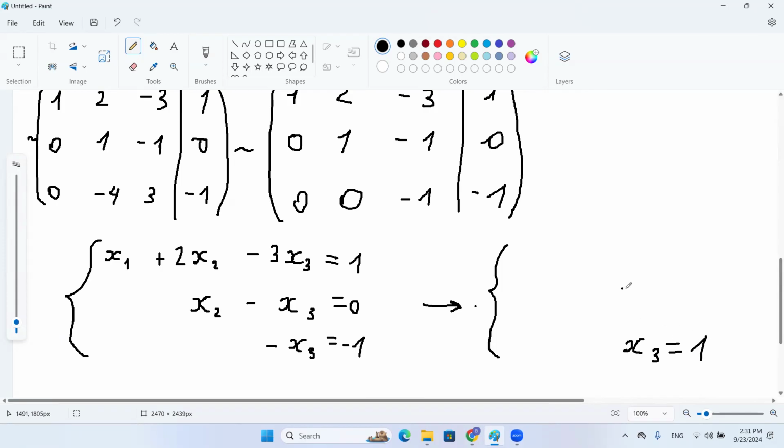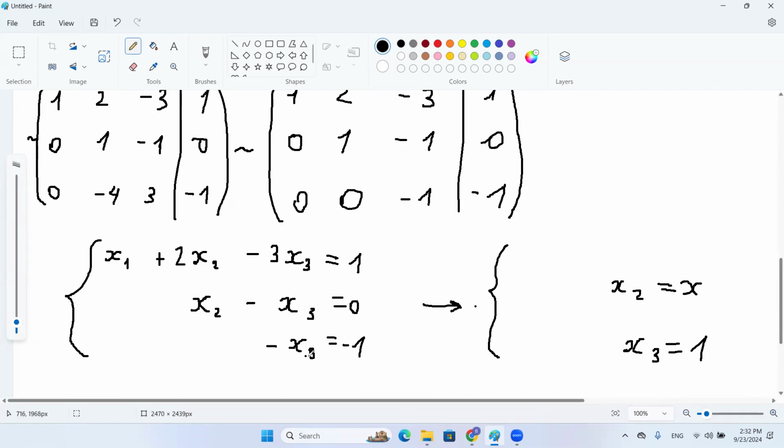Now x2 equals, oh, by the way, anyone wants to help? Mikko already just answered. Yeah, you can. Yeah, so what are we doing now? x2 equals minus 1. By the way, don't forget to write in details.